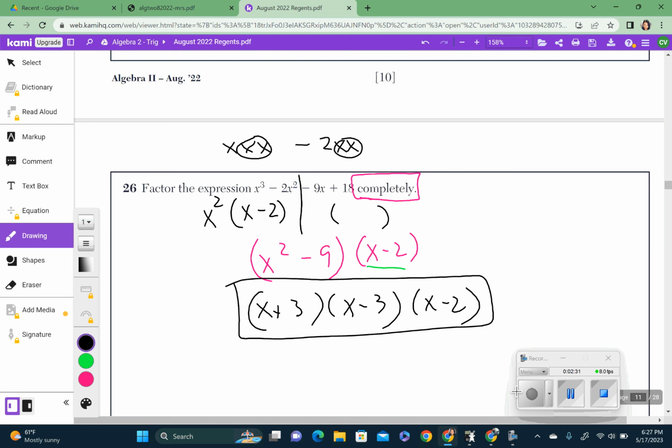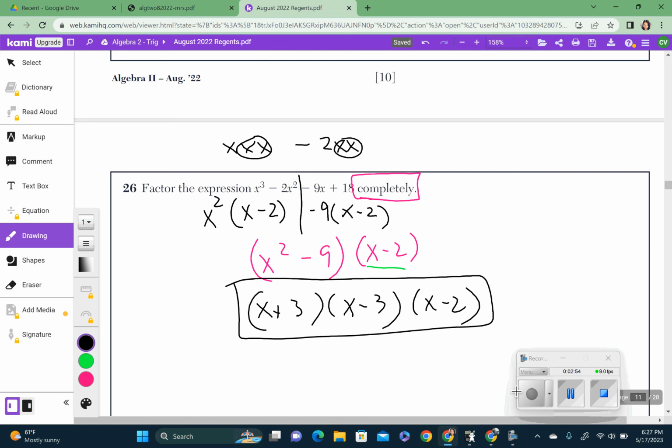I'm going to do the same thing over here. I know that inside this bubble I have x minus 2, so I'm going to write it right off the bat. What number am I going to need to place out here to make this true? When I distribute, something times x equals negative 9x, so I know that that's going to be negative 9. Negative 9 times negative 2 also is positive 18, so it works out.